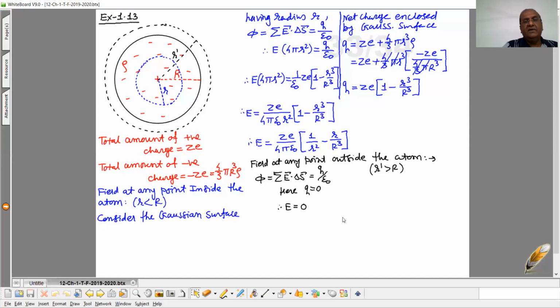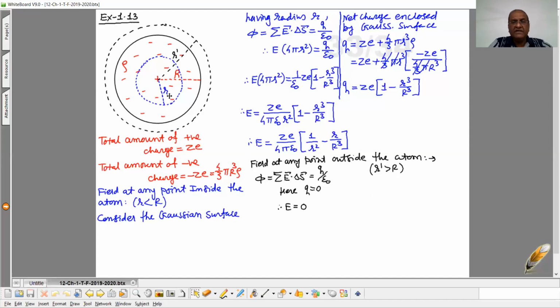Now consider the point which is outside the atom. So the field at any point outside the atom. Again, for that we can consider the Gaussian surface, which is a sphere having radius equal to r dash. But here, when r dash is greater than R, the entire charge of the atom is enclosed by this particular Gaussian surface.